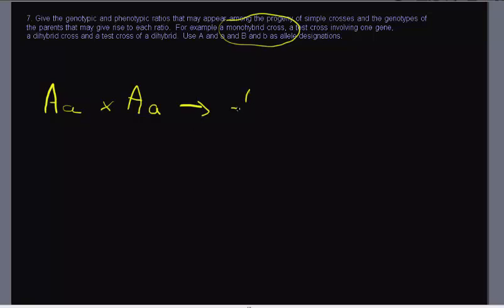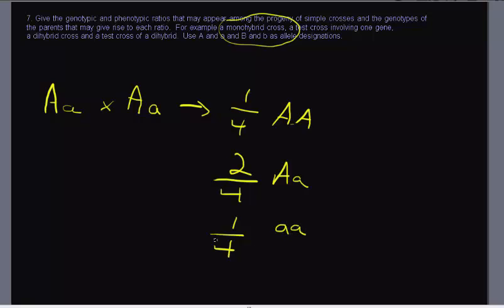It gives you 1/4 big A, big A, 2/4 or 1/2 big A, little a, and 1/4 little a, little a. So that's a 1:2:1. Alright, so that's our genotypic ratio for a monohybrid cross.